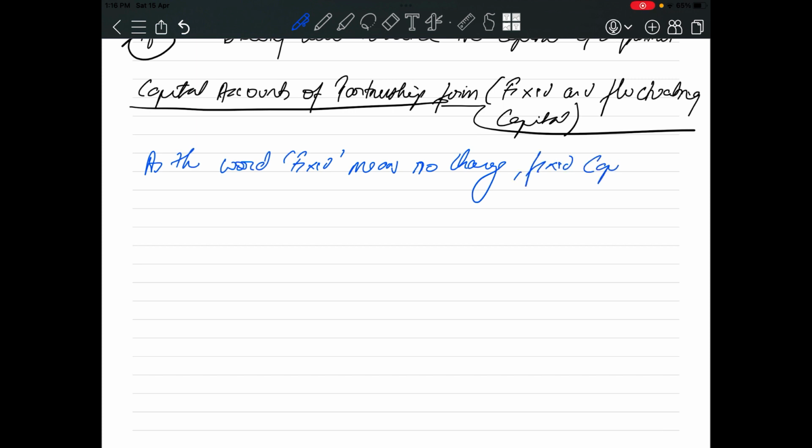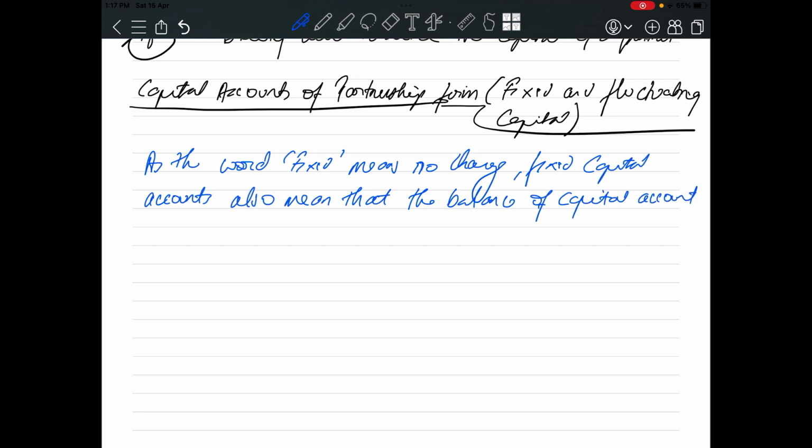Fixed capital accounts also mean that the balance of capital account are not to be changed. Simple. They have to be kept at their initial balance.